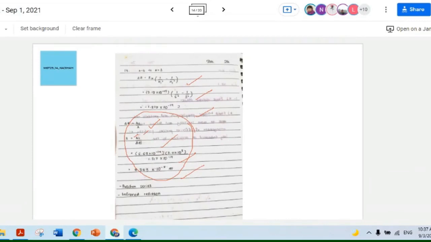Najihah, jawapan salah. Salah kat mana pula? Jom sama-sama kita tengok. Najihah salah kat mana? Jawapan Khatijah ni betul. Tapi jawapan akhir Najihah bersalah. Semua orang tengok dia salah kat mana.